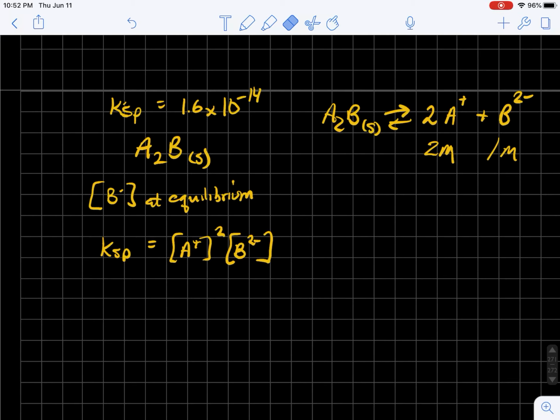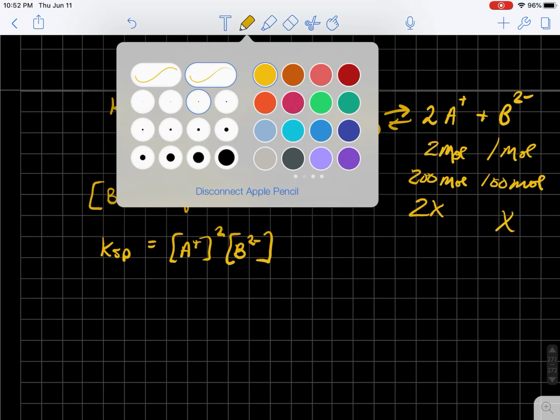And if 100 moles of B2 minus dissolved, then twice as much A would dissolve, 200 moles. I keep saying moles and I wrote molar. Okay, so let's say x amount of B dissolves. How much A plus would dissolve? Well, twice as much.